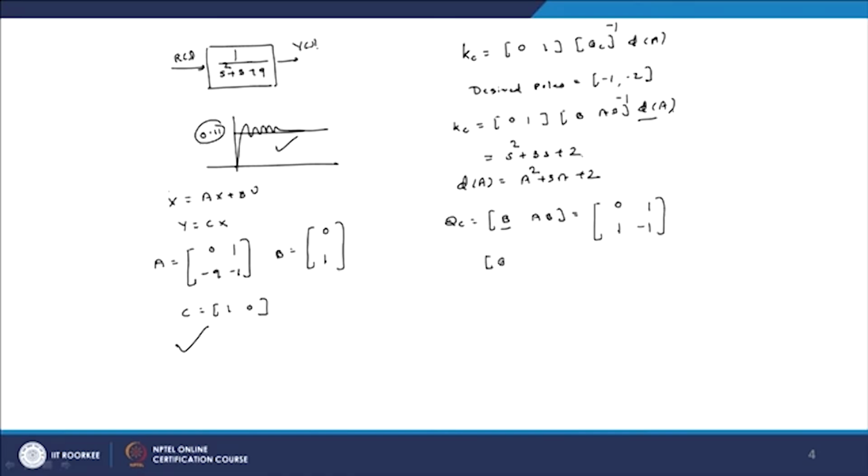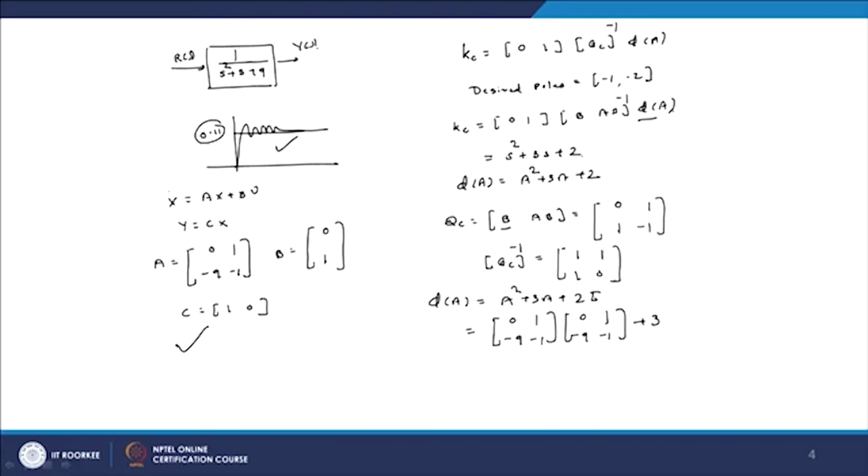If you take the inverse of QC, we will get [1 1; 1 0], and this phi of A equals A square plus 3A plus 2I, and here if you replace A with [0 1; -9 -1] multiplied by [0 1; -9 -1], plus 3 times [0 1; -9 -1], plus 2 times [1 0; 0 1].